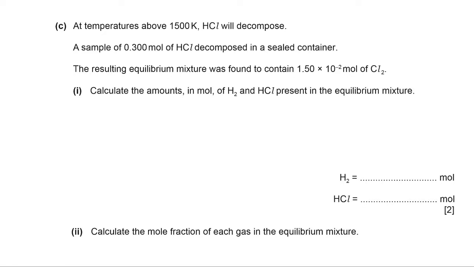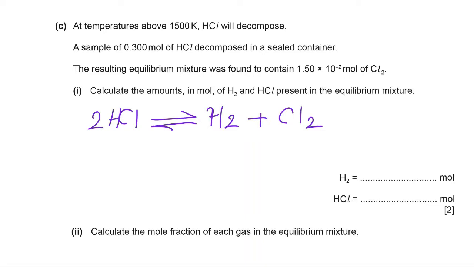Now this one. HCl decomposes to hydrogen and chlorine. And here, at the beginning of the reaction, you put only 0.300 mole. Before starting your reaction, here you have 0, 0.